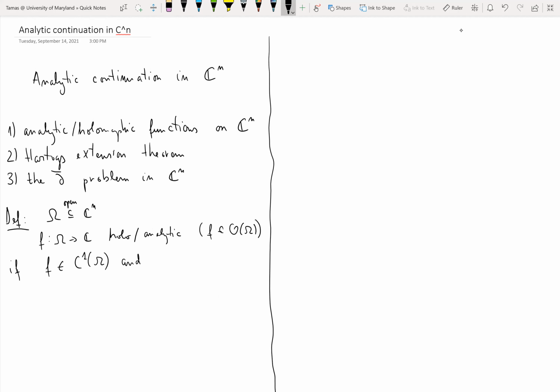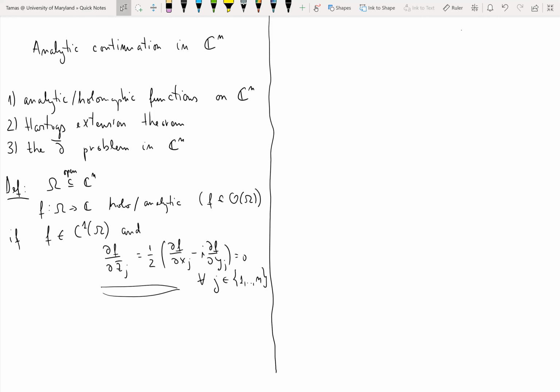And moreover, all the first order derivatives in the d z_j bar directions are 0. So all these Cauchy-Riemann operators vanish. So it's fair to say that you're holomorphic if you are continuously differentiable and holomorphic in each direction separately.